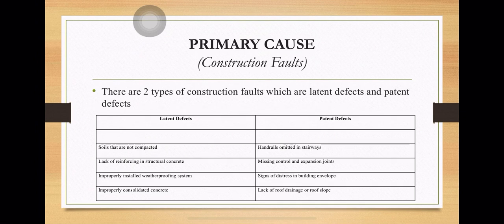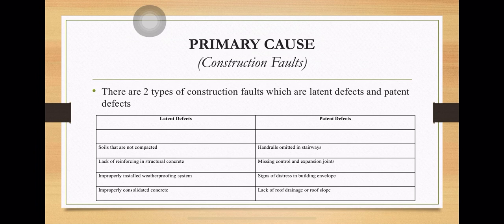There are two types of construction faults, which are latent defects and patent defects. Latent defects can be explained as defects that can't be seen by an eye, and patent defects are the defects that can be clearly seen by an eye.